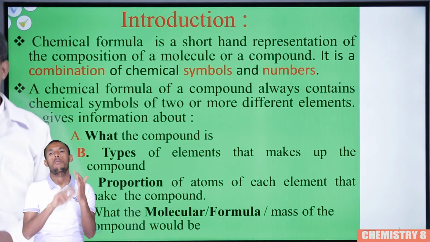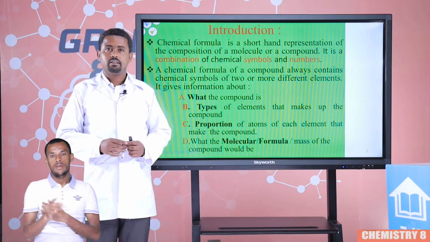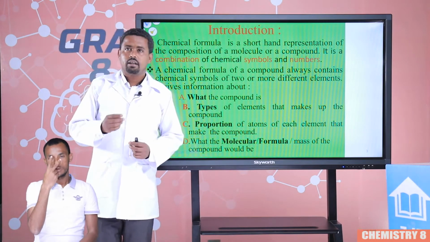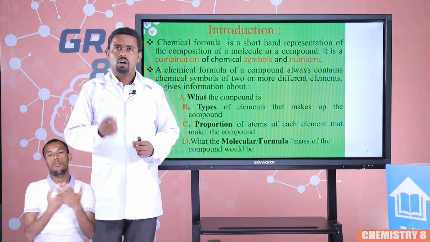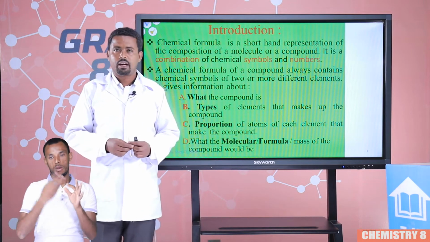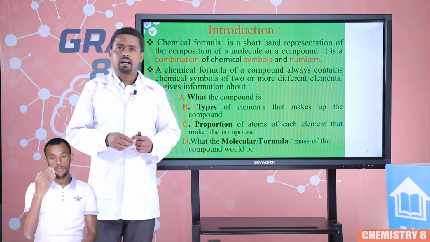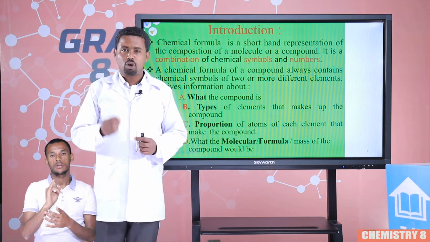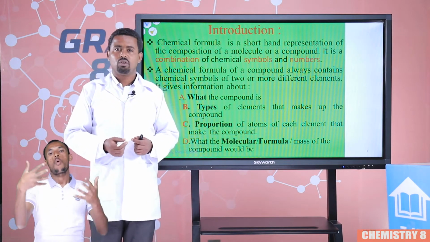In your Grade 7 lesson, you have seen chemical symbols and chemical formula. So, how can you define chemical formula? As you remember, a chemical formula is a shorthand representation of a compound or a molecule.